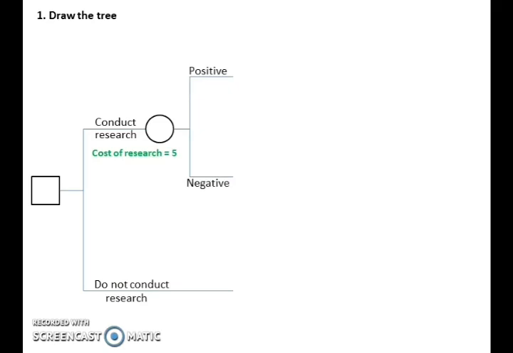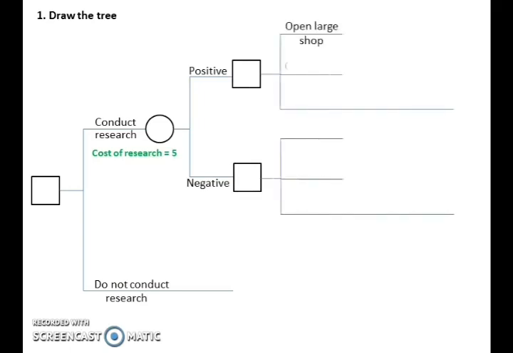After the result from the research is obtained, Misha needs to decide whether to open a large shop, a small shop, or no shop. So draw a decision node at each of these two branches and draw three branches from it for open a large shop, open a small shop, and open no shop. If Misha does not conduct research, she just needs to proceed with her main decision.